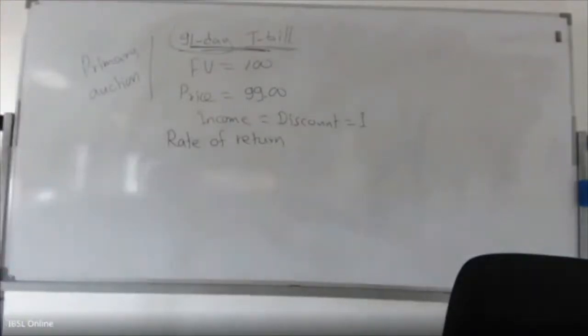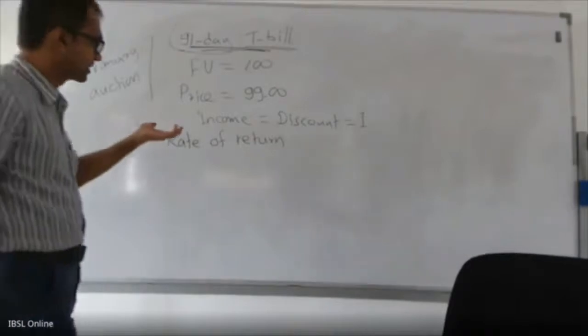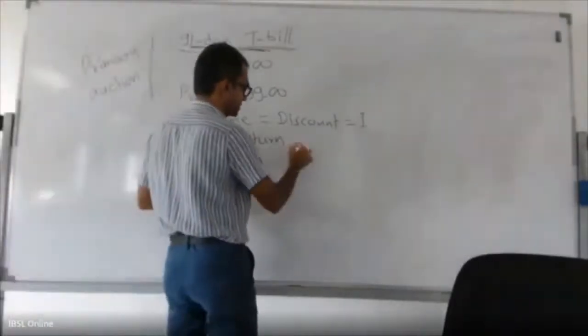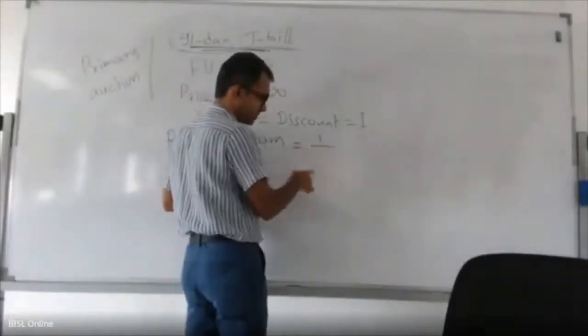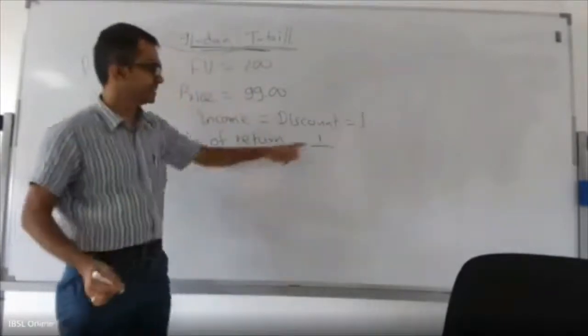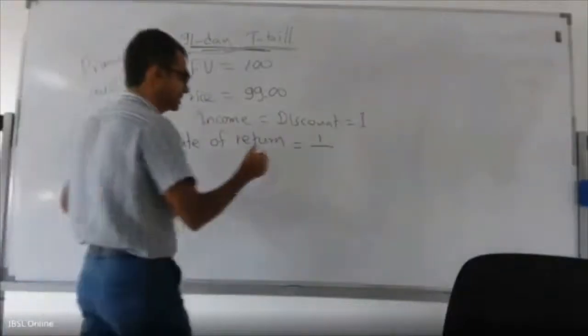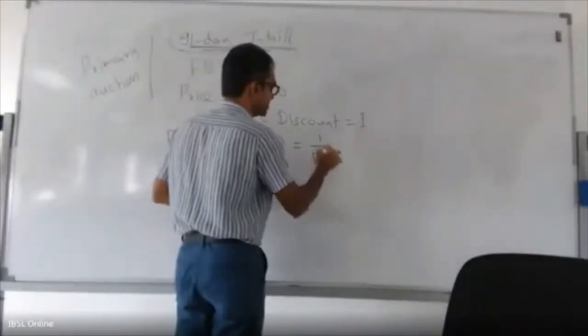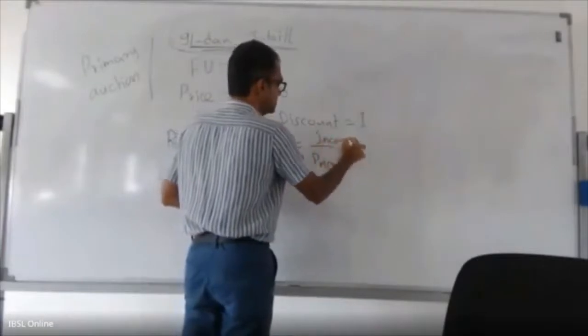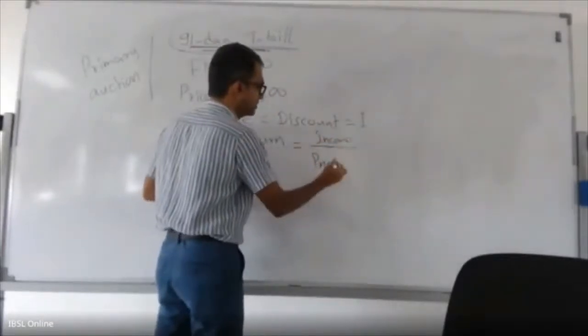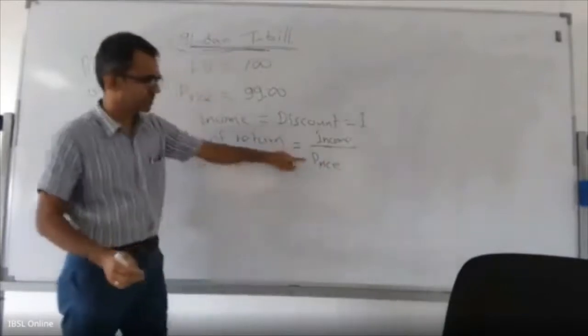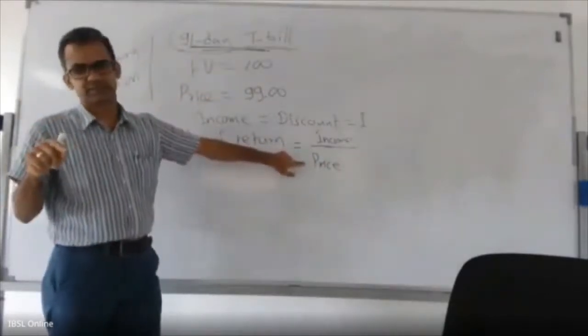Then what is his rate of return? Divide the discount by the price he paid to get the bill. Income divided by the price, because that is the amount that you invested.